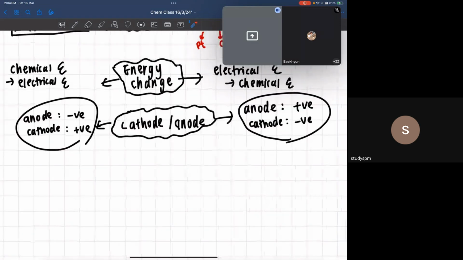So this is the end of the cathode and anode, and then the flow of electron.